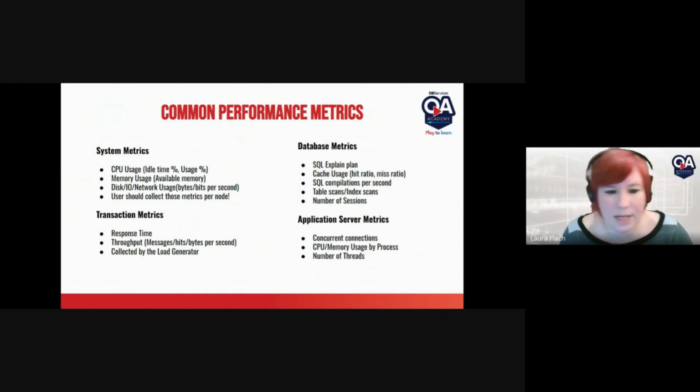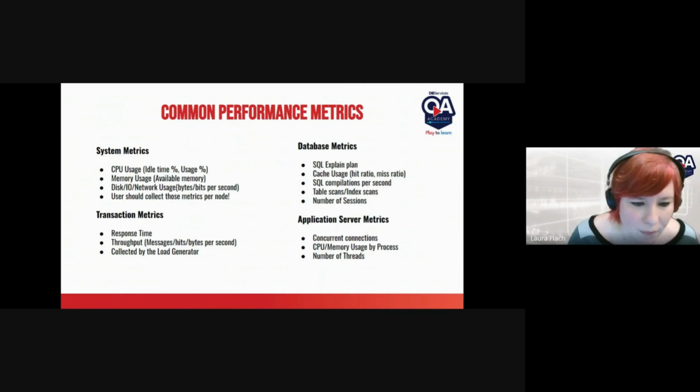There are also the database metrics. For example, the SQL explain plan, the cache usage, how many compilations are being executed per second, how many table scans, index scans, and the number of sessions open.